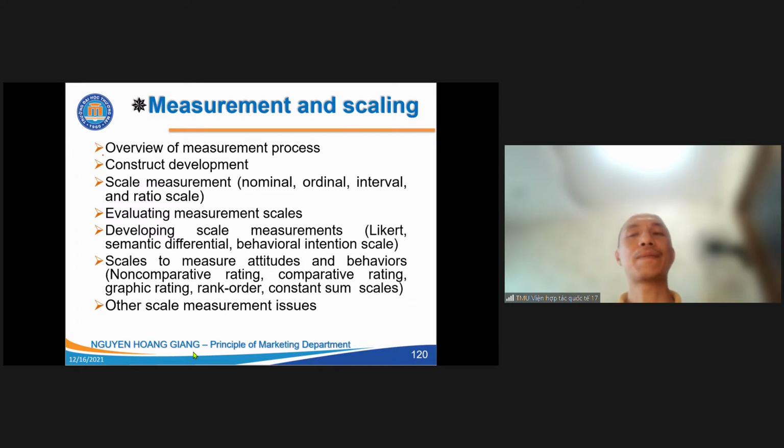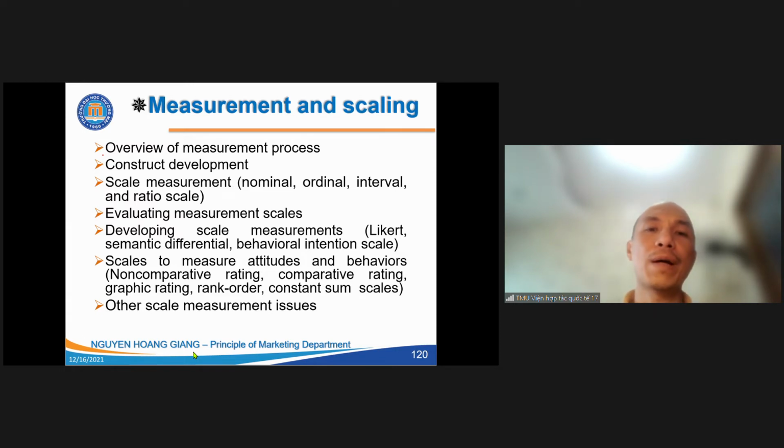After having the questionnaires and the research design, we send the questionnaires and the sample to the respondents, and after that we get the questionnaires back. Then we have to measure, so we have to think first about the measurements and scalings.